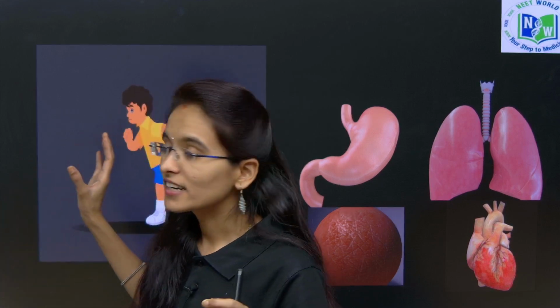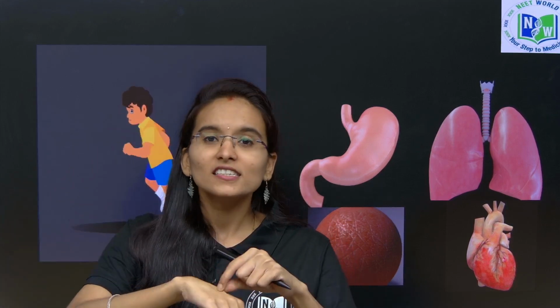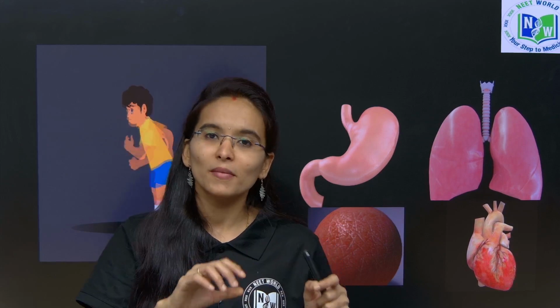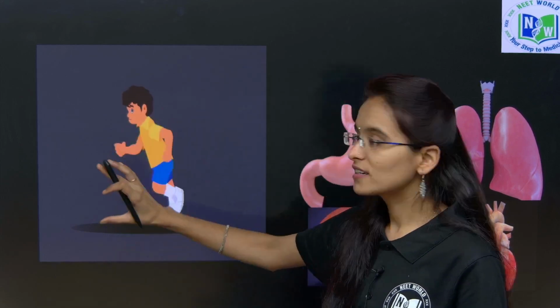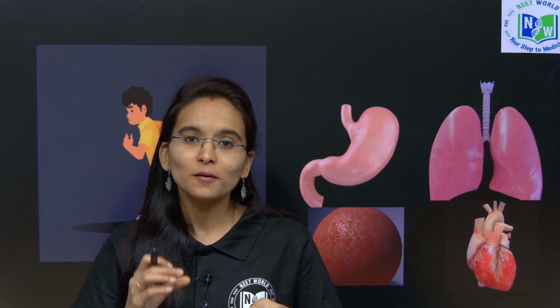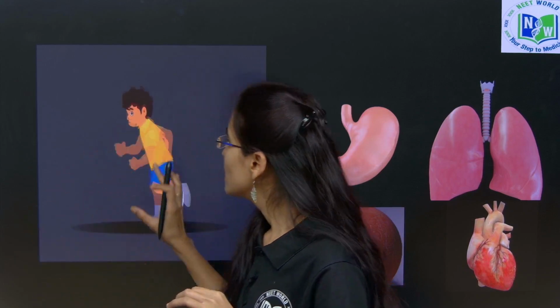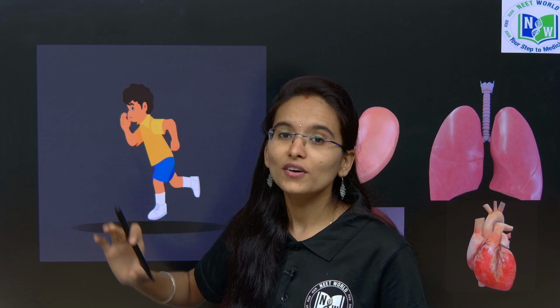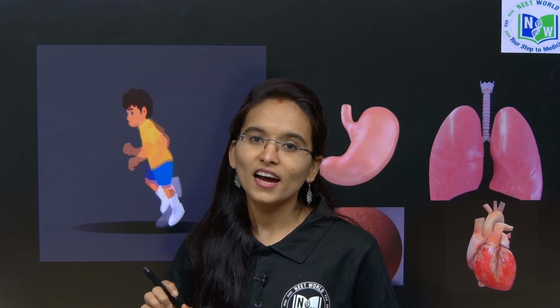The connective tissue will help in attaching the skin with the muscle tissue. So when this person is moving, all those organs are connected together and they provide a structural framework for doing different types of activities.